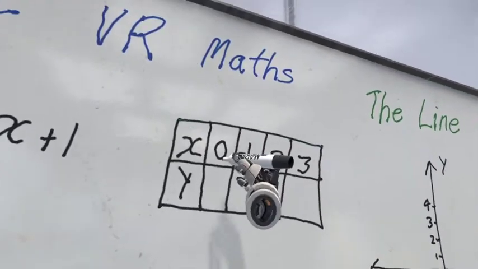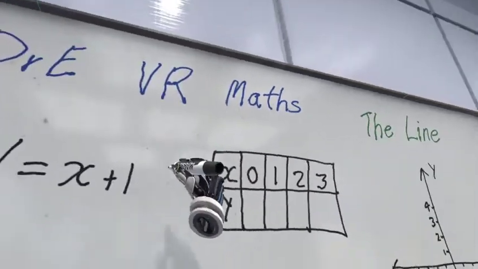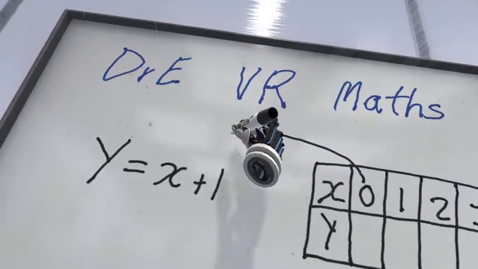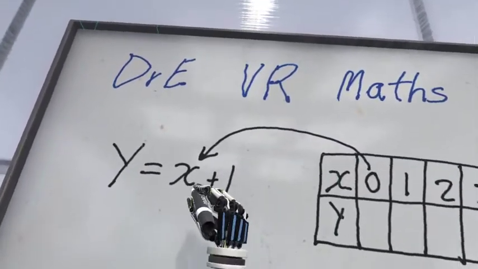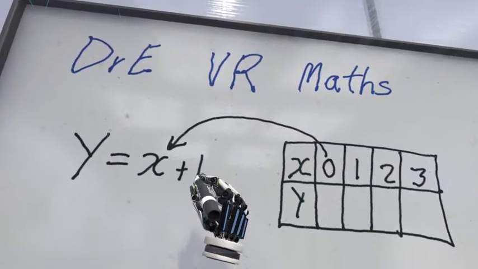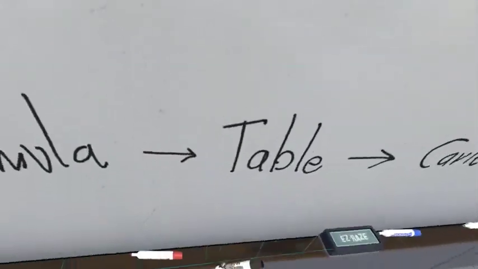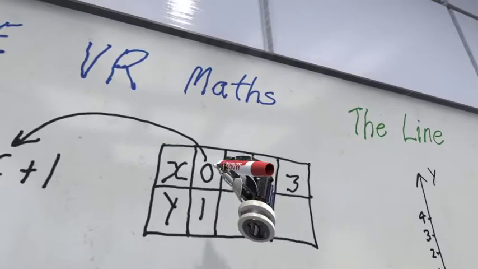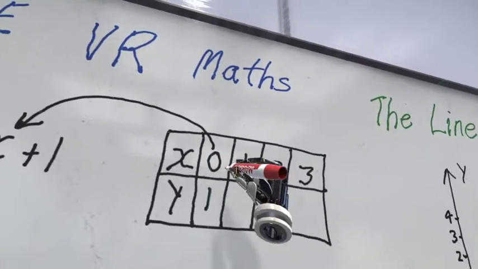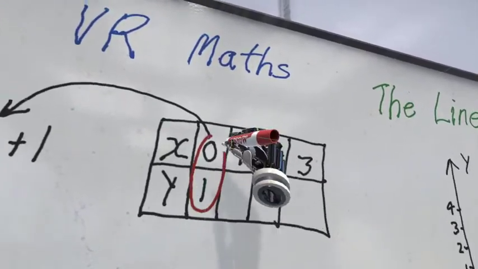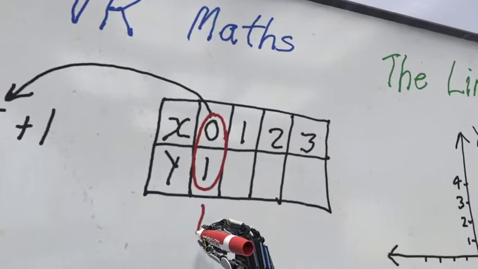And then one by one, you put each of these into here. So I'm going to put 0 there. What is 0 plus 1? Well, 0 plus 1, pretty easy. It's 1. So now, that there is a point.